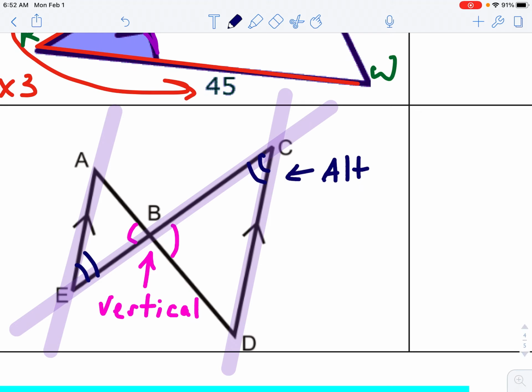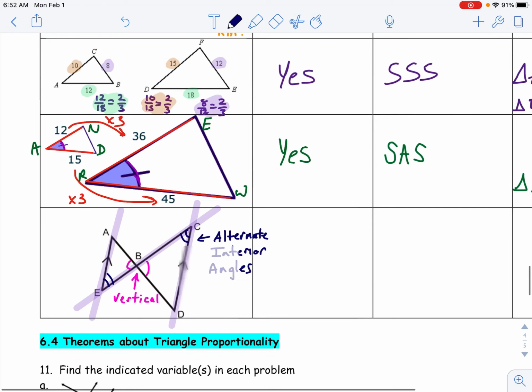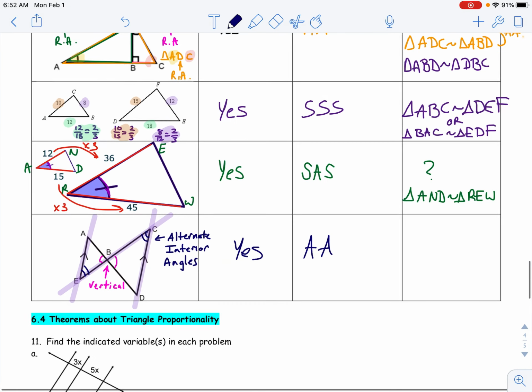Remember, these are alternate interior angles. So in this particular case, I can say yes, again, just using angle, angle, and I can say triangle ABE is similar to triangle DBC.